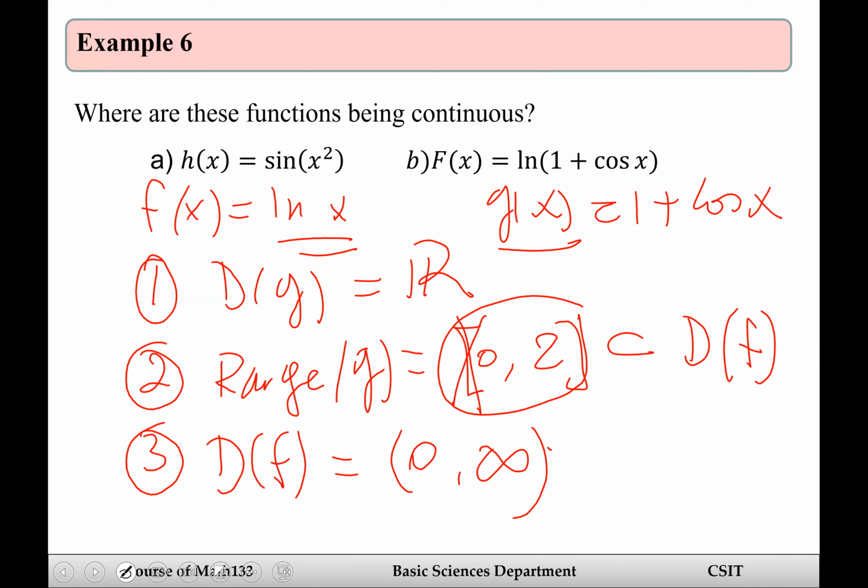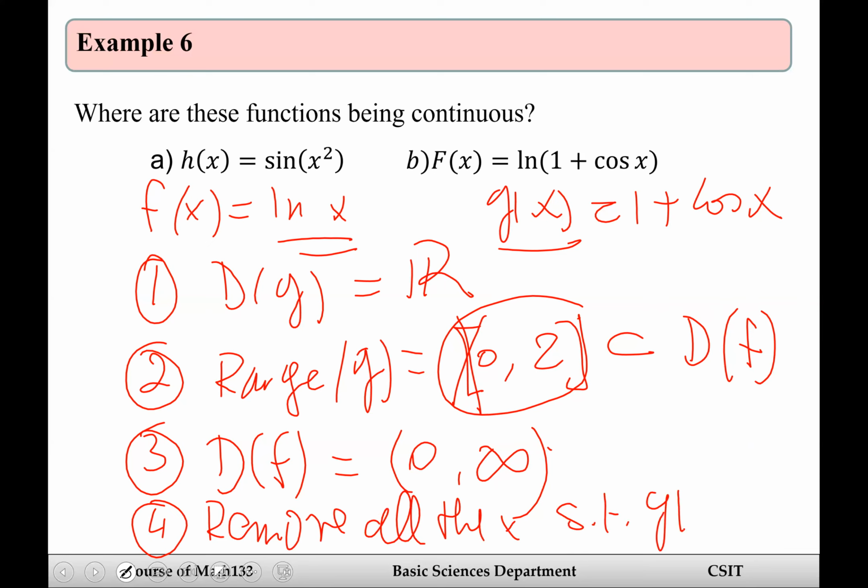So what in the range of g makes g of x equal to 0? We have to remove all the x such that g of x is equal to 0.